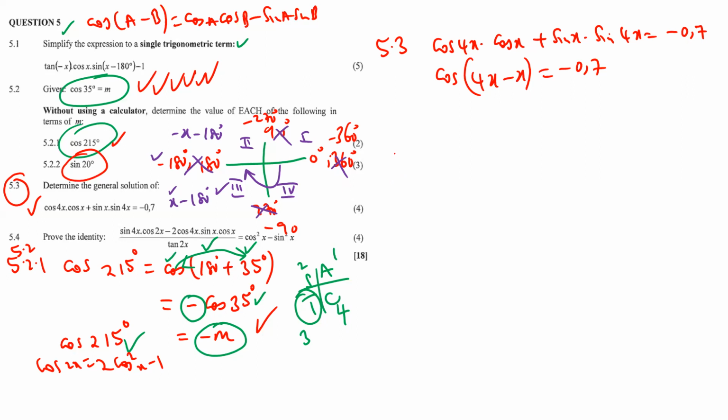Which means, therefore, you have here the cosine of 3x equals minus 0.7. Right, so we're going to find something called the reference angle.